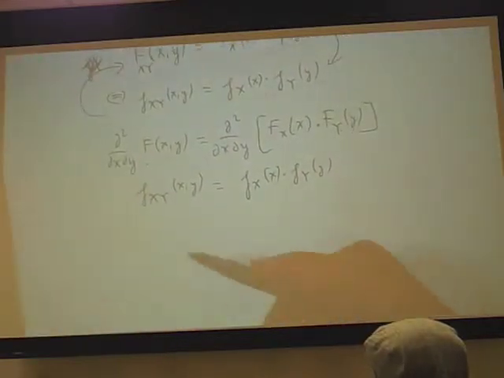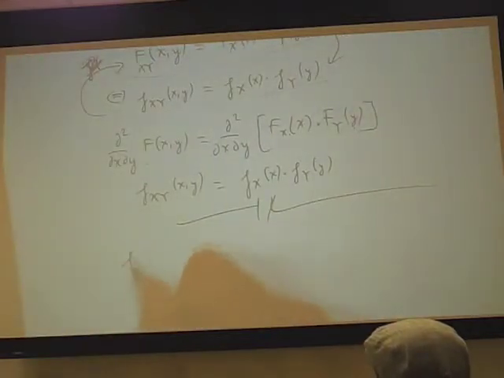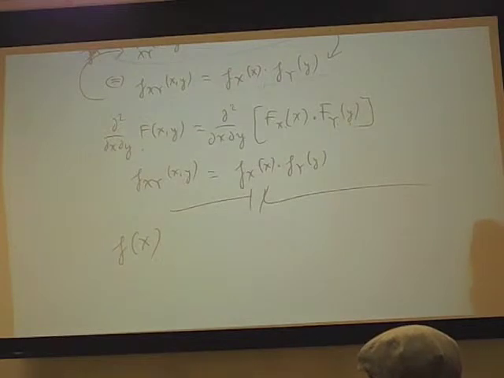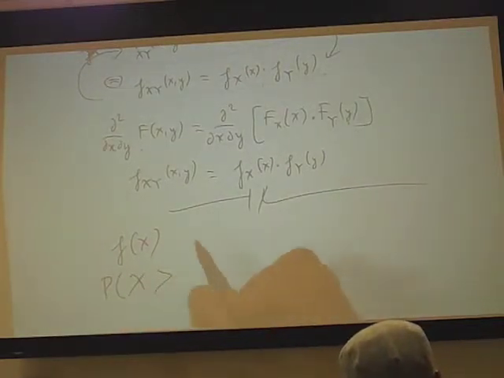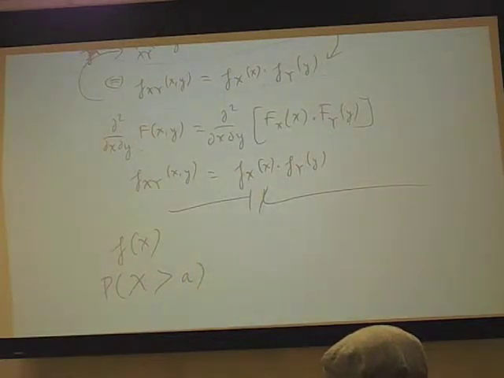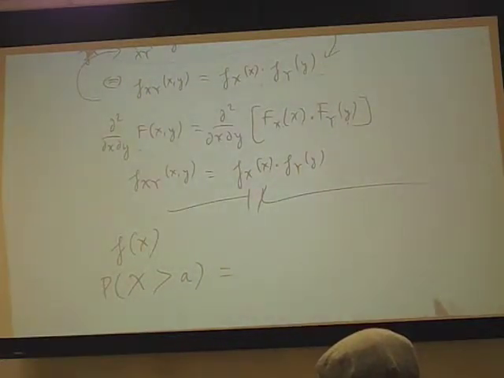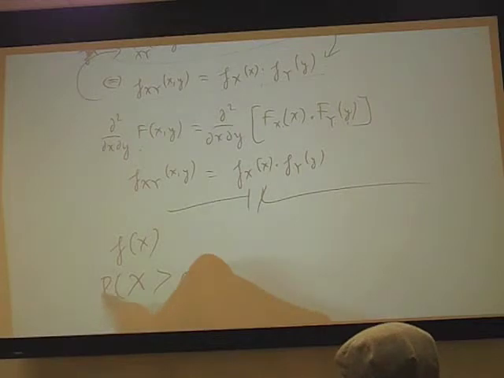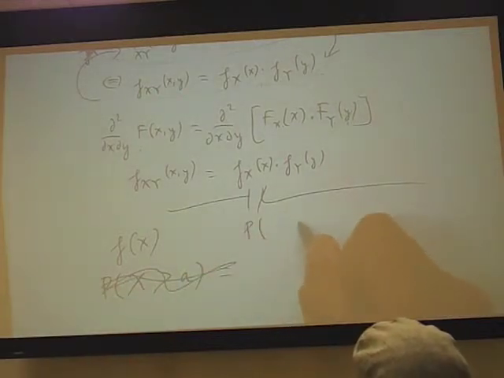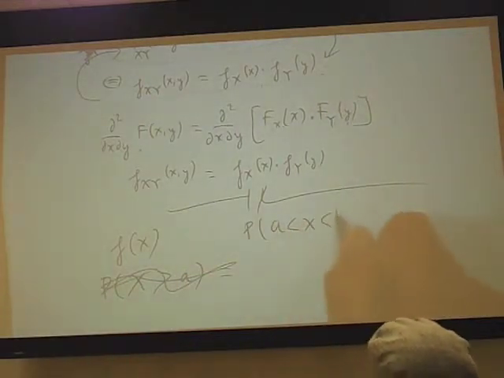Now, in the past, if you have just one random variable x, and you want to compute the probability of x bigger than, let's say, 8, how do you do that? Or even before that, what is the probability of x between A and B?